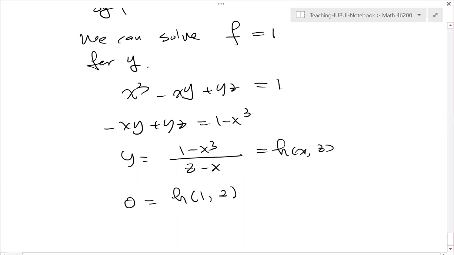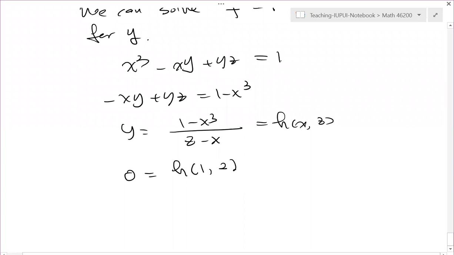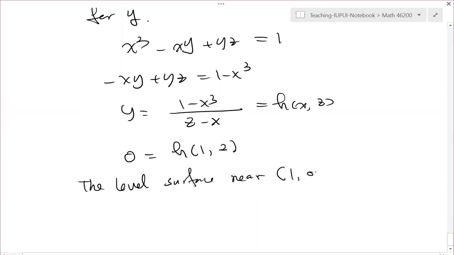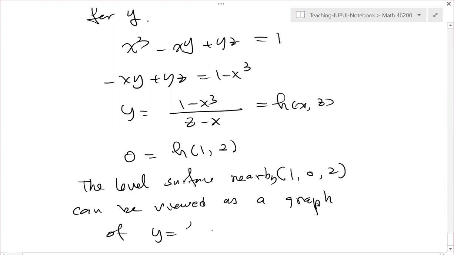So that means locally, nearby that point, the level surface, the point is (1, 0, 2), can be viewed as a graph of y equals h.